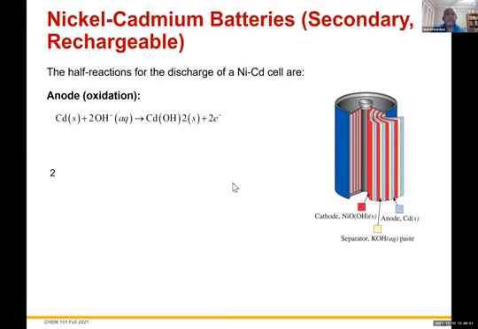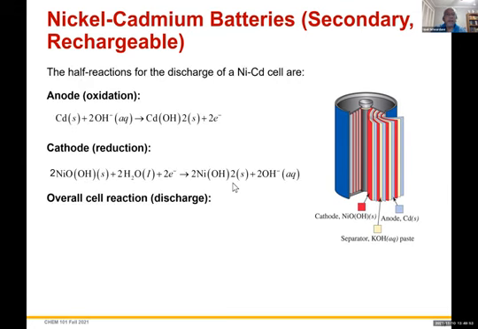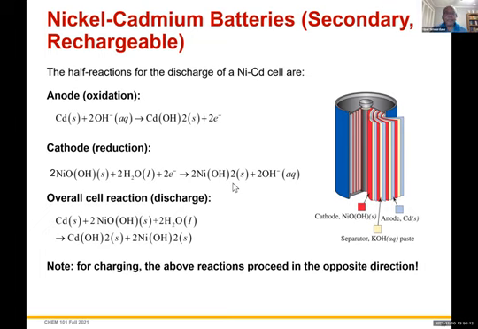The reaction involves cadmium and nickel oxide. For recharging, the reaction is reversed. While recharging, it acts as an electrolytic cell. While discharging, it's a galvanic cell. For charging, the above reaction proceeds in the opposite direction.